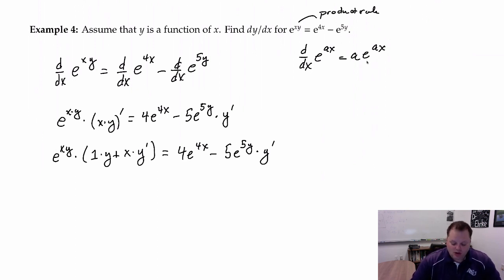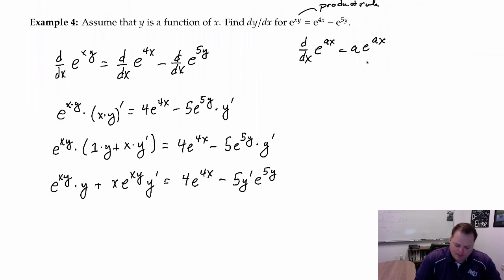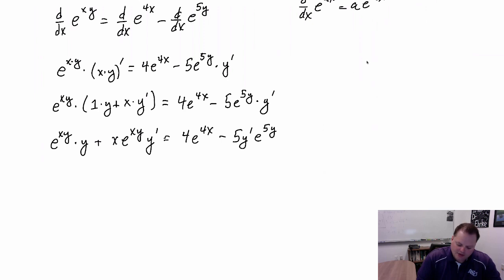Okay, if I wanted to solve for y prime, I can distribute this e to the xy term. Then I can combine all the like terms. So I'm going to take this and add it over to this side, in which case I'll get 5y prime e to the 5y plus the existing x y prime e to the xy.